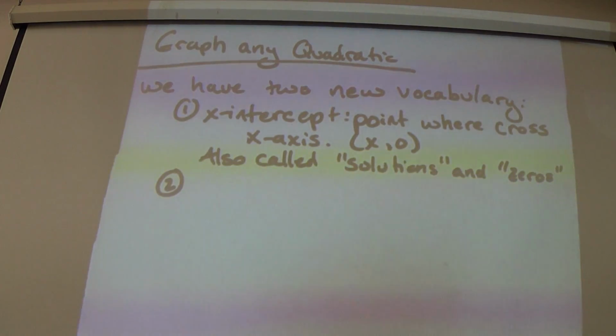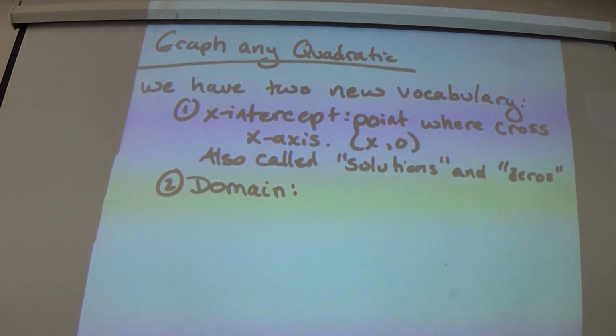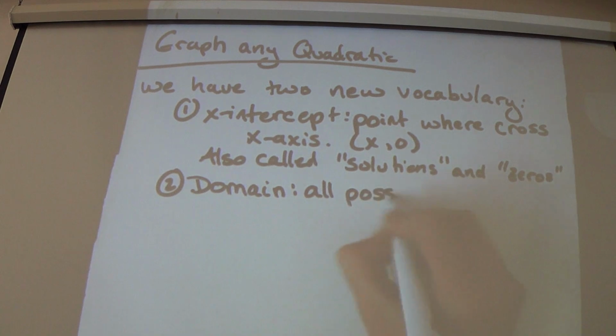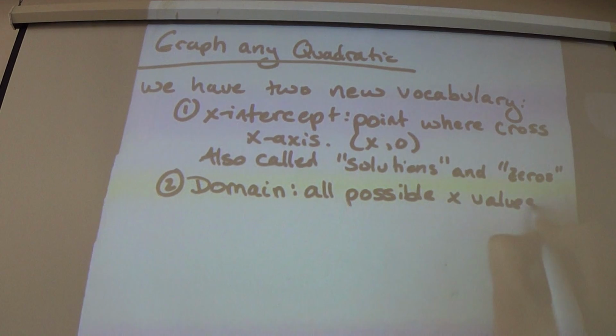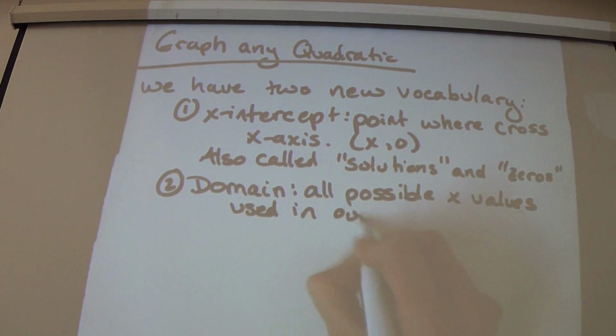Second new vocabulary is going to be the domain. Domain is all of the possible x values used in our equation.